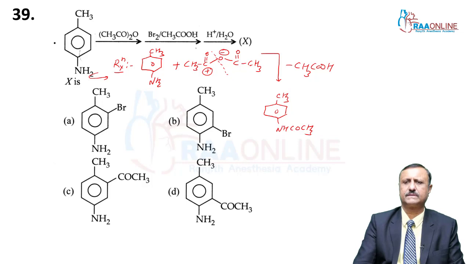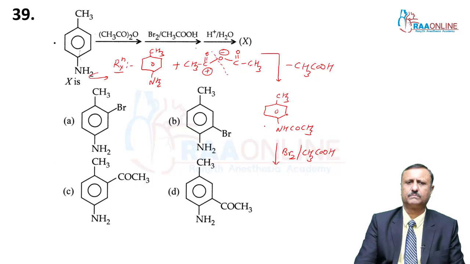Here my dear students, you can see when this compound reacts with bromine and acetic acid, then this bromine attacks the ortho position with respect to this group, because it is a more activating group than the other.